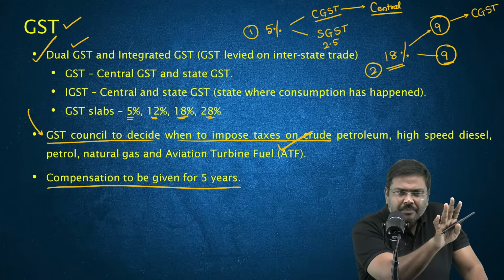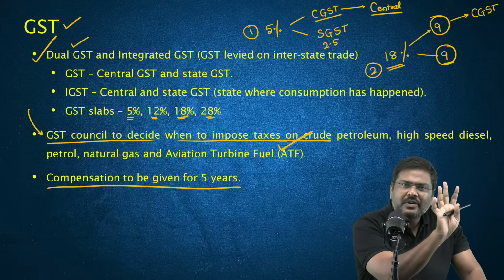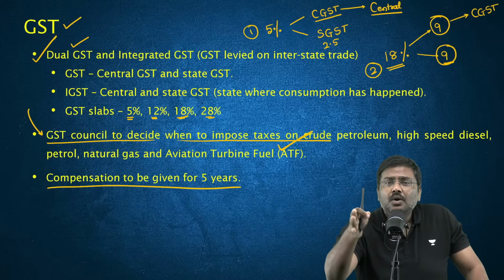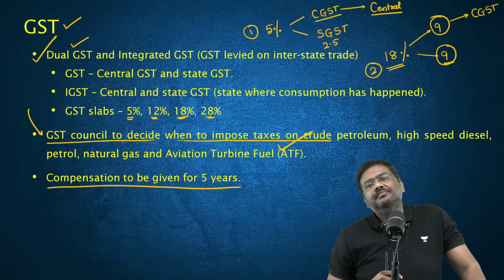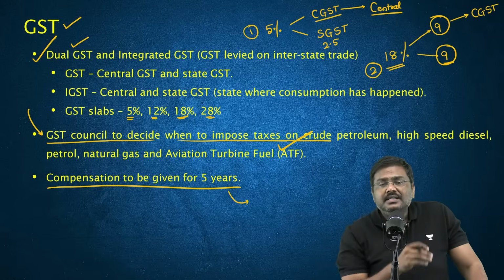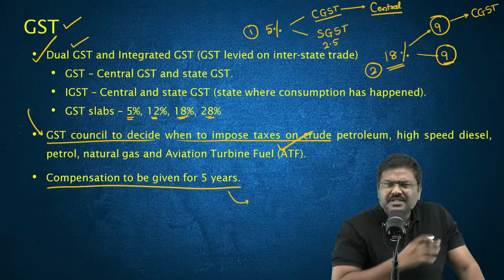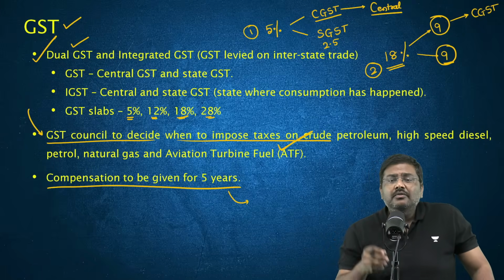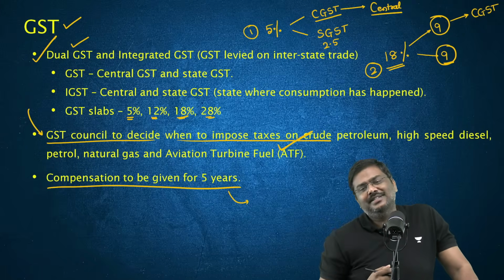According to the formula, if you incur any kind of revenue loss in the first 5 years, the center would provide compensation to you. Now you tell me, has it been more than 5 years since the implementation of GST? Of course, yes. We have completed 8 years of GST.